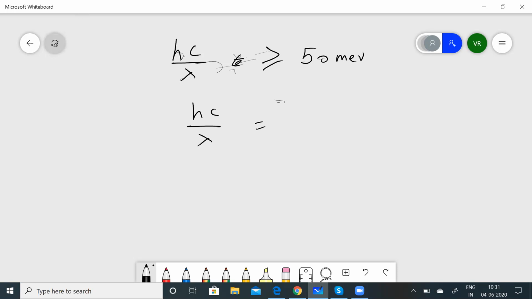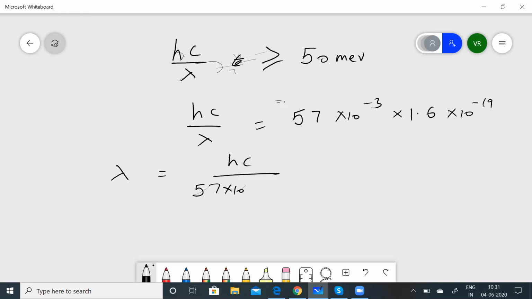Now let us convert this into joules. So 50 into 10 to the power of minus 3 into 1.6 into 10 to the power of minus 19. Now we need to calculate lambda. Lambda will be equal to hc by 50 into 10 to the power of minus 3 into 1.6 into 10 to the power of minus 19.